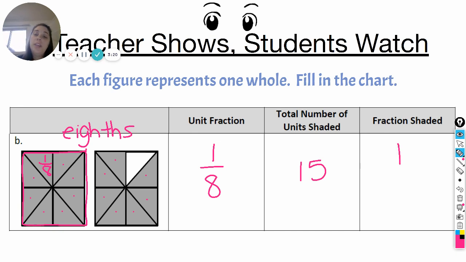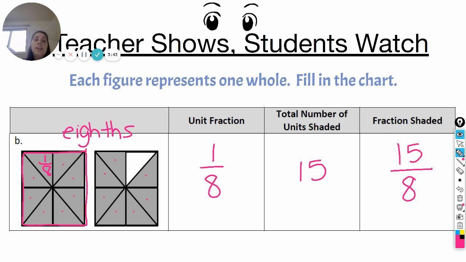Well, 15 of the pieces are shaded out of the 8 pieces, okay? It's broken into eighths. So our denominator is always the number of pieces that it's broken into.